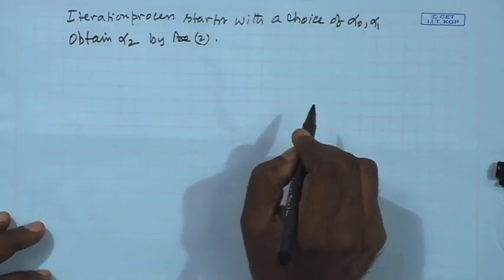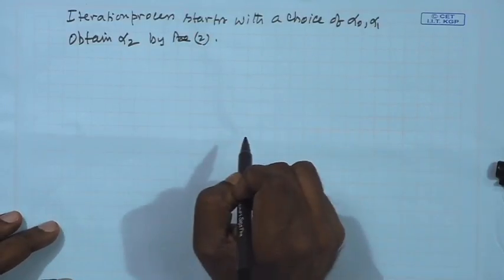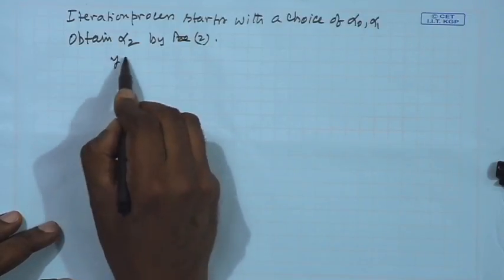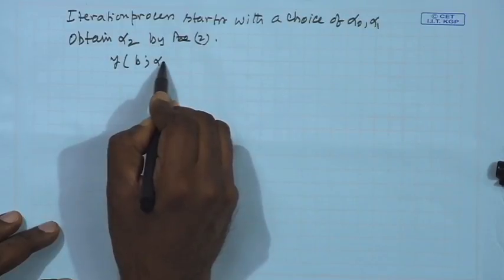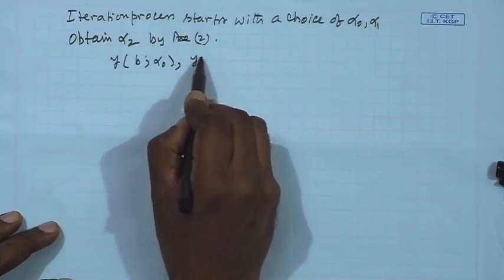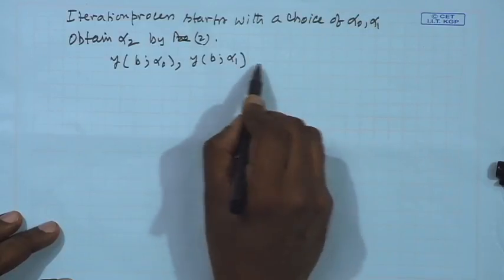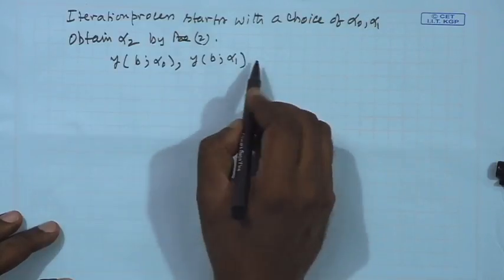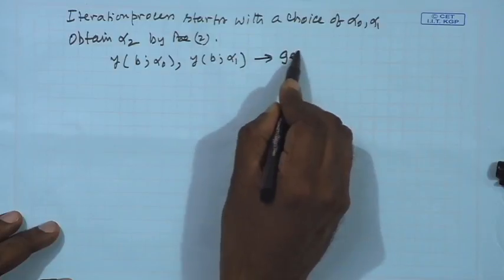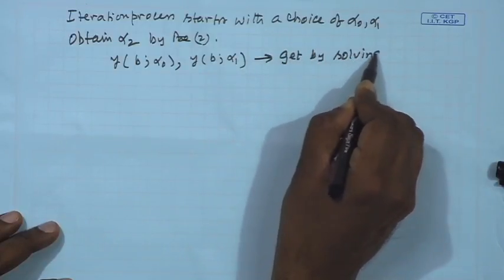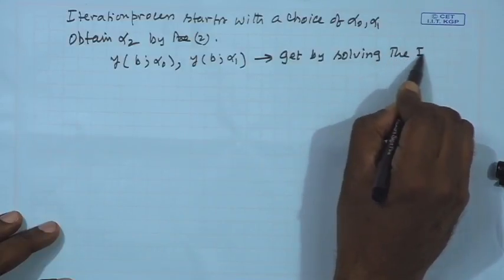Now, to get alpha 2, we need to find y_b(alpha 0) and y_b(alpha 1). For that, we get them by solving the IVP.